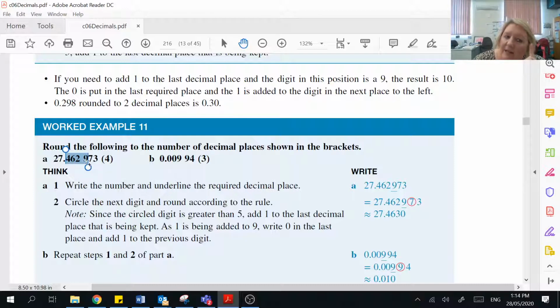The only thing is, when you add 1 on to 9, it becomes 10, and that 1 from the 10 belongs in the next column over here. So that's going to become a 3, and the 9 becomes the 0 part of the 10. Sounds quite convoluted, so think of it as if those last 2 numbers were 29, and I add 1 more, it obviously becomes 30, doesn't it?